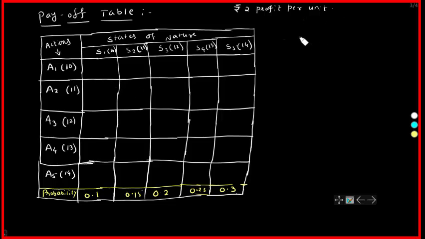So you have purchased 10 newspapers and sold 10 newspapers, and you will get 10 into 2, this is equal to 20 profit. Profit for 10 newspapers is 20. So 20 is here.